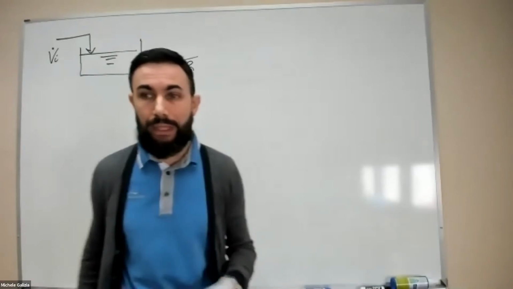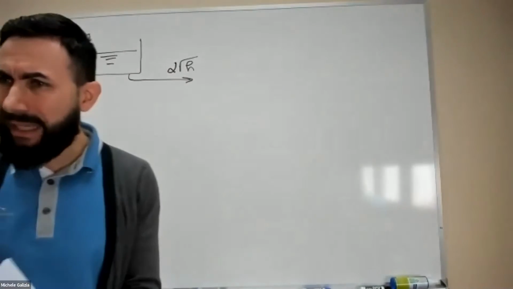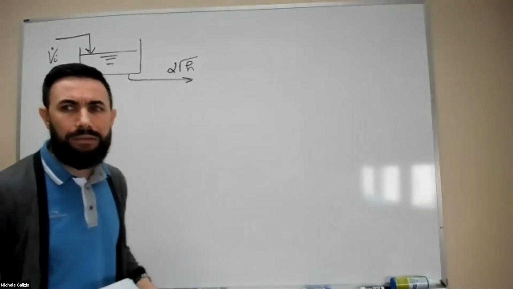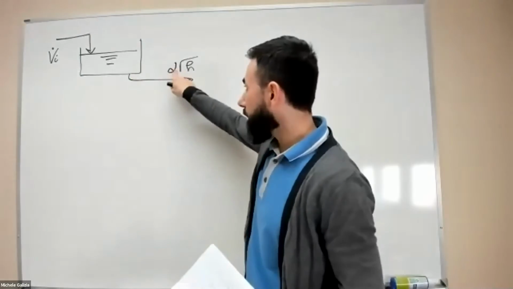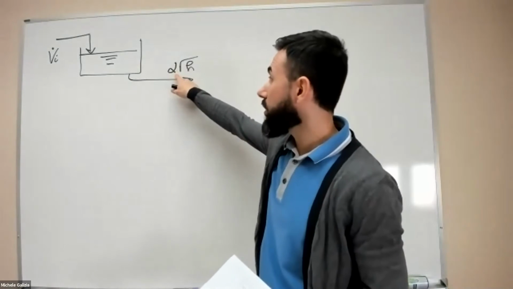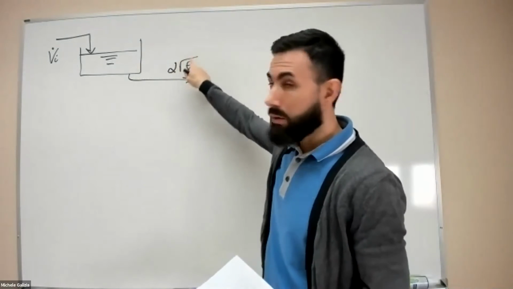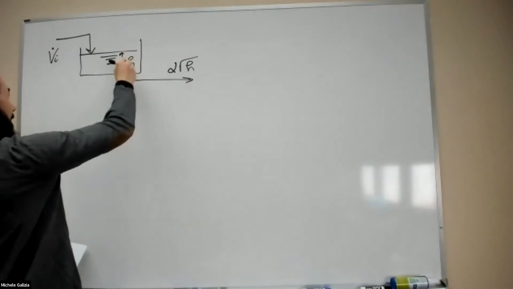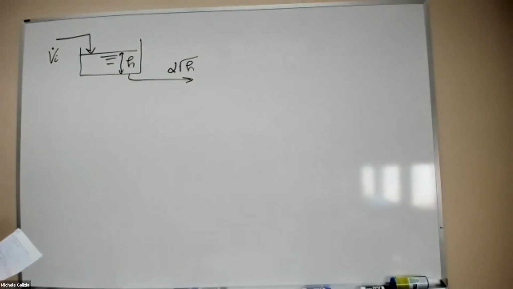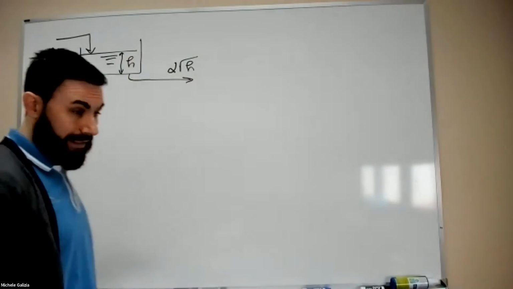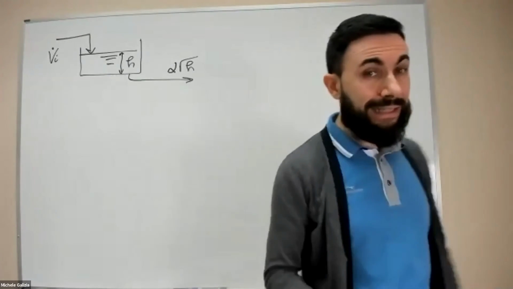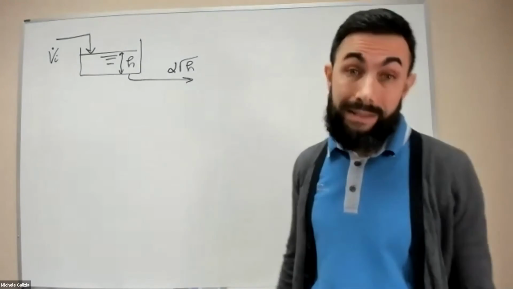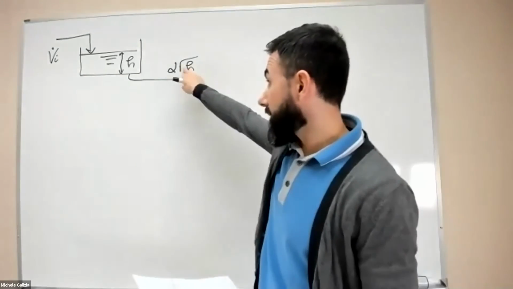We demonstrated, a couple of weeks ago, that the outlet flow rate based on Bernoulli's equation is alpha square root of h, where h is the level. And we saw that the model for this system, the mass balance, was nonlinear due to the presence of the square root of h.